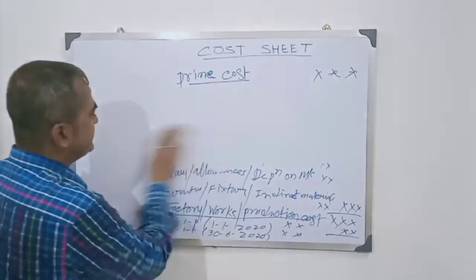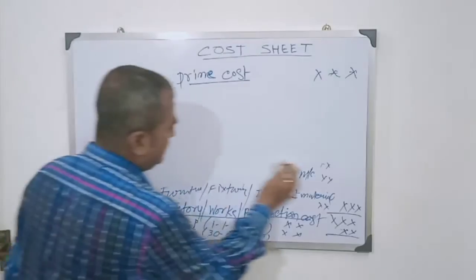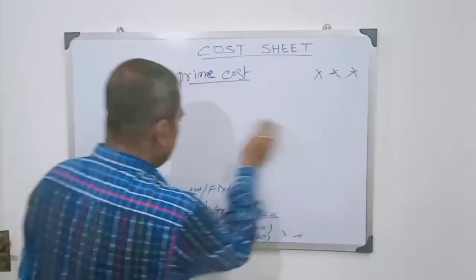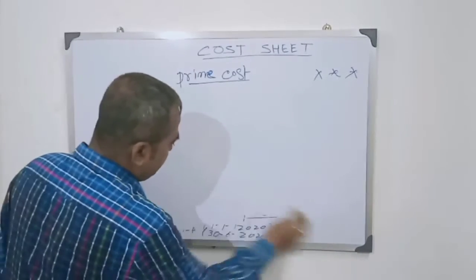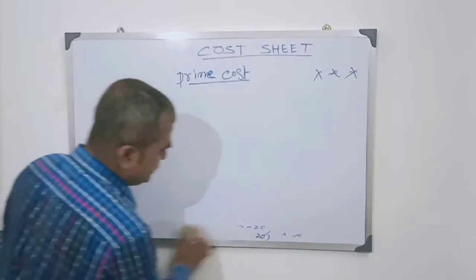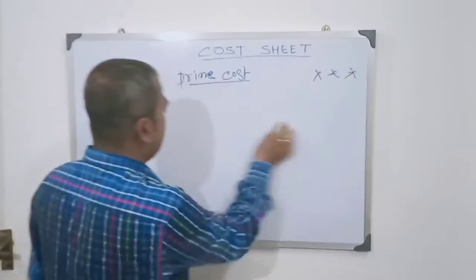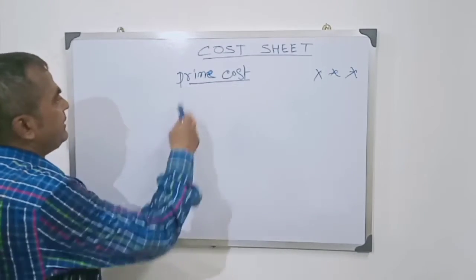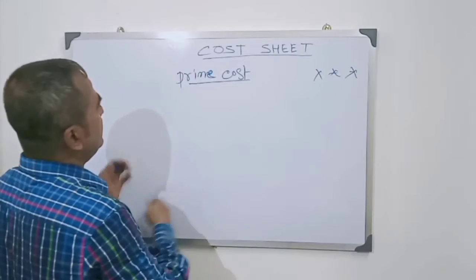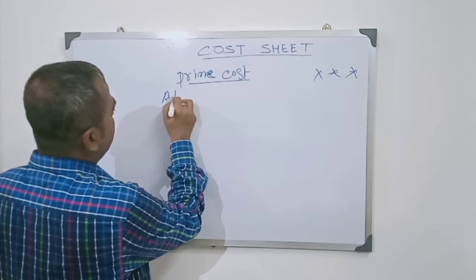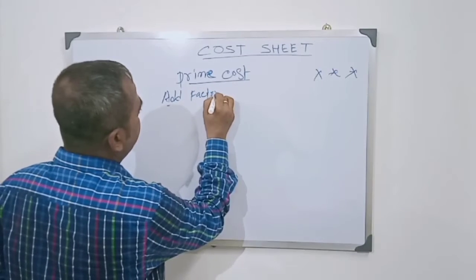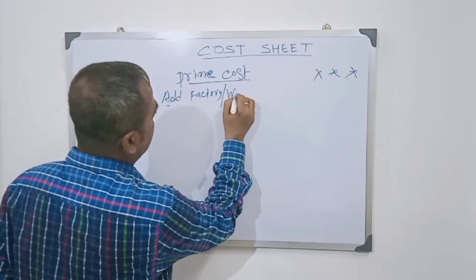Some factors like this factory cost or production cost. Again, we start accumulating other expenditure at your office level. So, prime cost, here we add factory or works overhead.